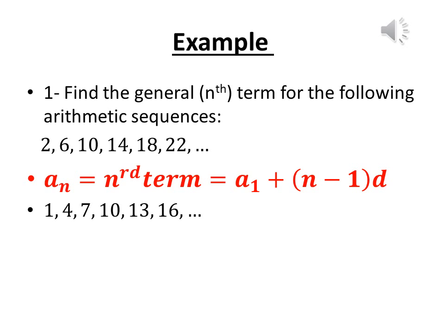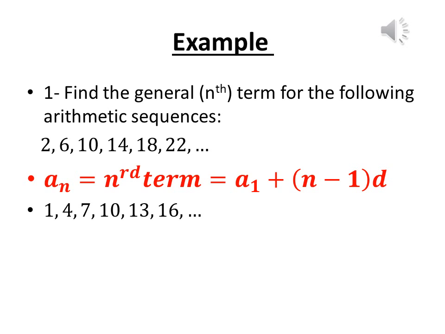We want the general term, the nth term. We know it's an arithmetic sequence. Each term increases by 4. So 2 plus 4 is equal to 6, 6 plus 4 is equal to 10, 10 plus 4 is equal to 14, and so on. So this is an arithmetic sequence.